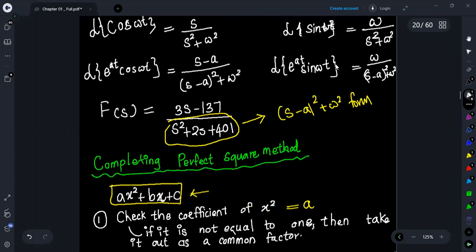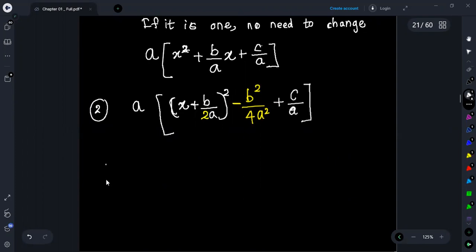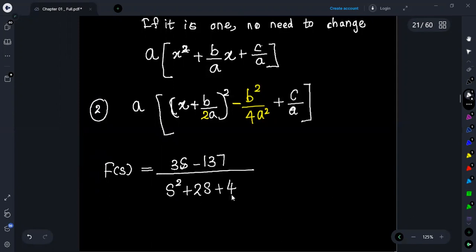So let's move back to our example. Our problem is F of s is given as 3s minus 137 over s squared plus 2s plus 401. Here we can see that the term in the denominator appears as a quadratic polynomial.